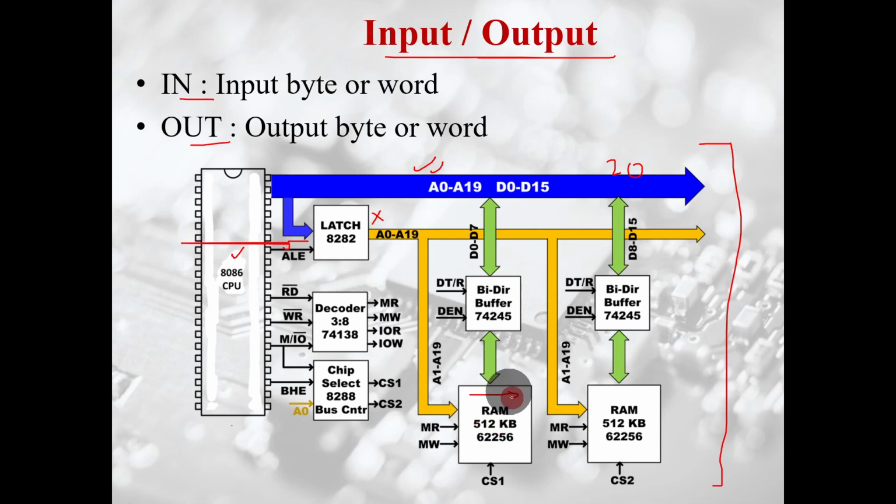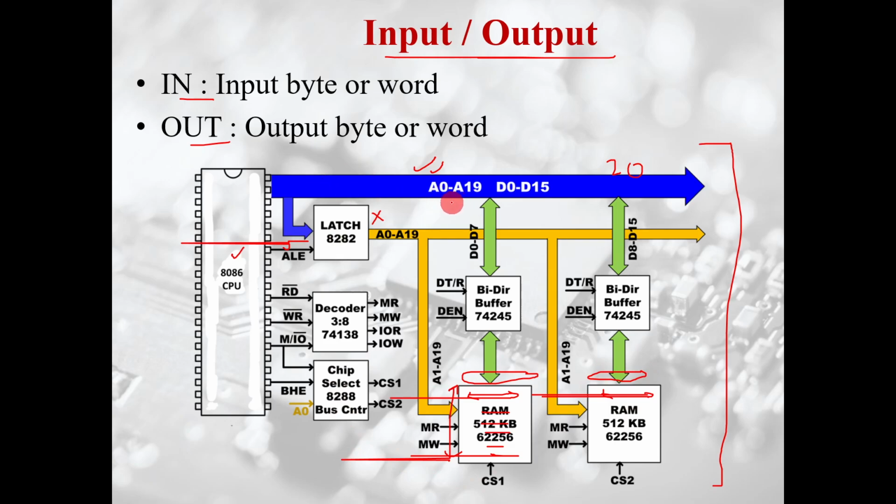This is one word, this is the second word, and here there are 512k lines, and each line holds 8-bit information. You can consider that there are 512k lines, and in each line there are 8 columns. So 8-bit information is available here, and 8-bit information is available here.